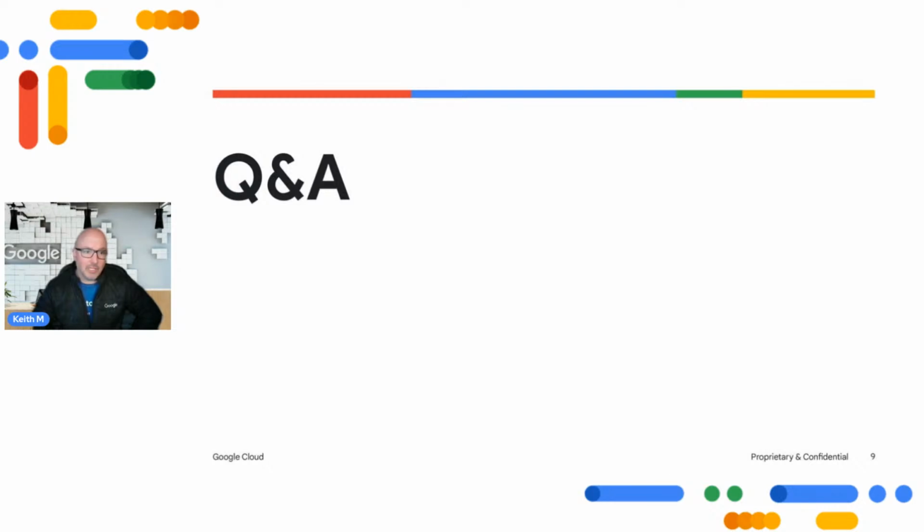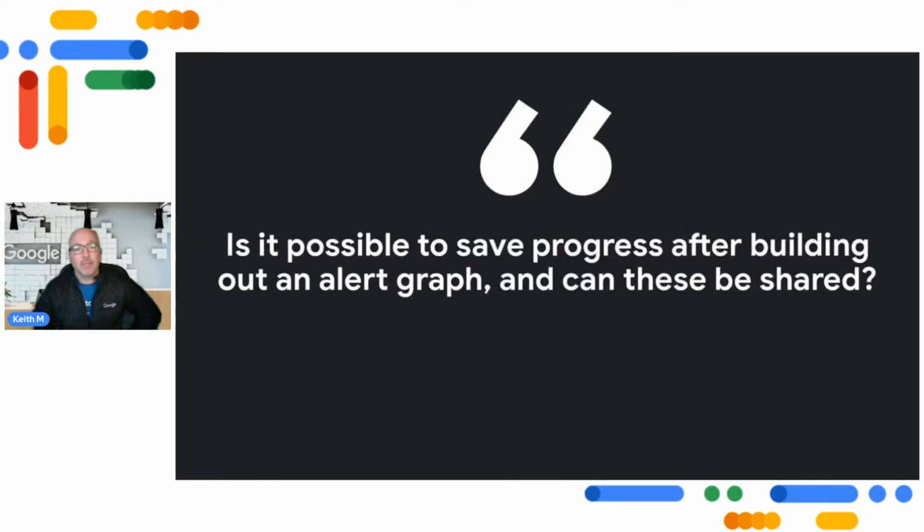Okay, the first question I got is, is it possible to save progress after building out an alert graph? Can these be shared? So the alert graph is built from the detection rule within Chronicle. And so as a review, detection rules are built using the YARA-L language.